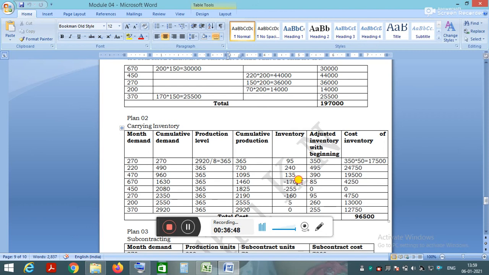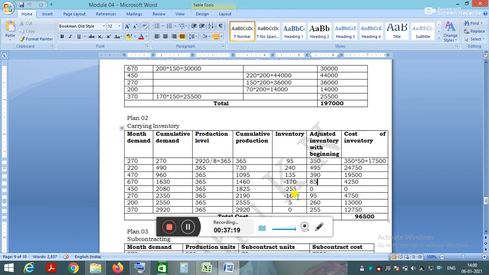Therefore, minus 170 plus 255 becomes 85, which means at the end of the 4th month 85 products are available in the inventory if we produced 255 extra products earlier in the month of January itself. At the end of the 5th month, 0 inventory is available. Minus 255 plus 255 becomes 0.